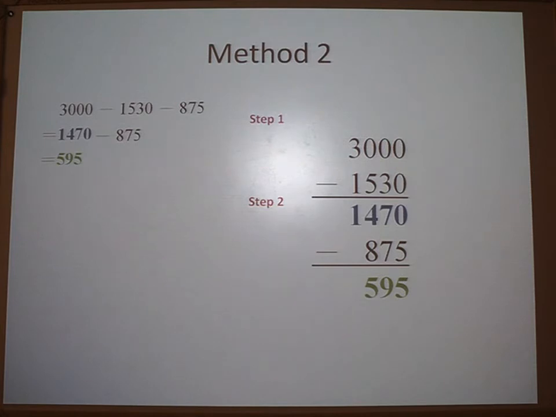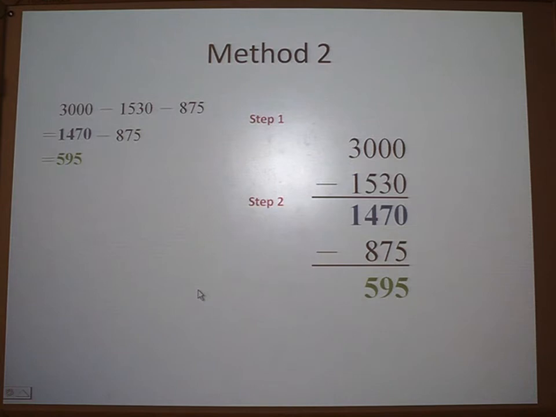And for the third line, we will write down 595 for the final answer. This is method 2. So we finish the question with 1 horizontal form, the first step, and the second step here. And we also do it with only 1 column form, with step 1 and step 2.